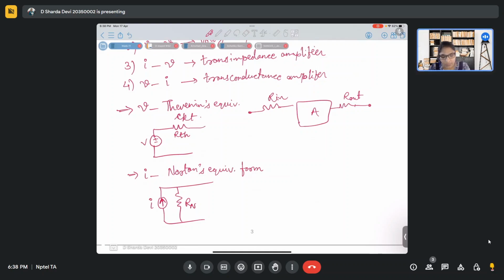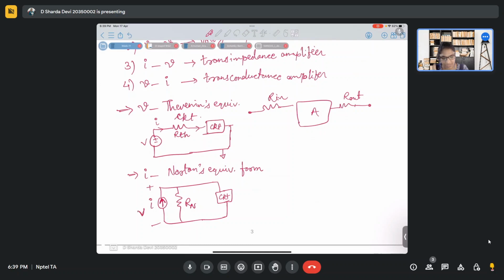When we have a voltage source, a certain amount of current will flow through it, and the circuit will get the same amount of current as that of this RTH resistance, right? In the case of Norton form, we have a current source, which will have a certain voltage across it.